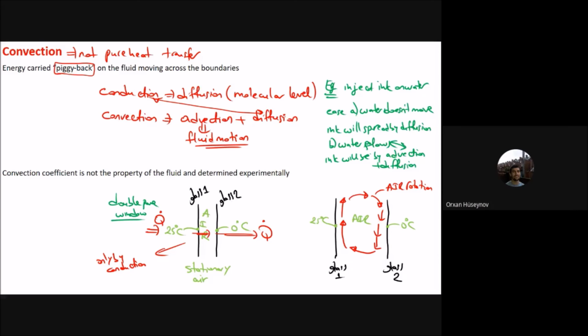Now you can see that inside the system, the air motion happens. So the air moves. Therefore, here the heat transfer, Q dot, out of the system is due to convection. Convection means that here you will have diffusion, or conduction, plus the advection. It is the same event and the same process, but here air is stationary, therefore it is conduction only.